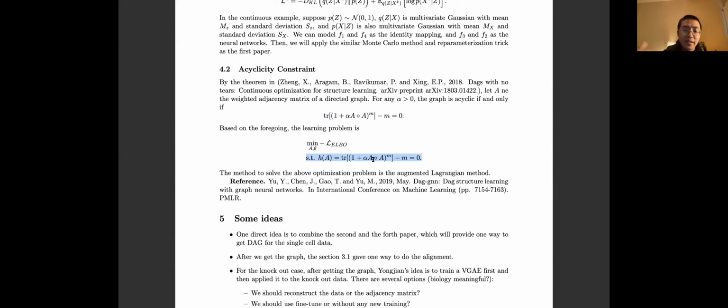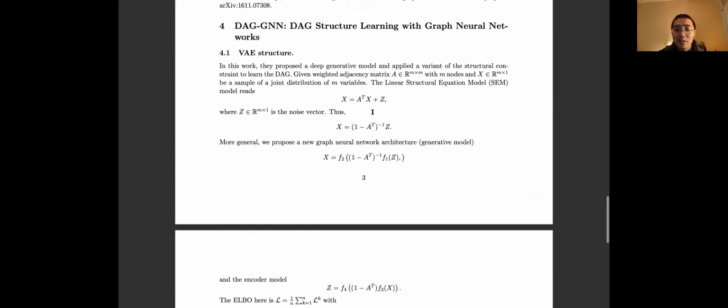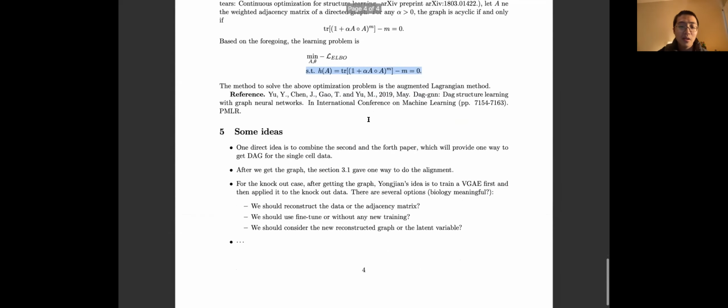This condition makes A a DAG. The method to solve this optimization problem is the augmented Lagrangian method, which I skip. So this is one method of using a VAE with the DAG constraint to learn a graph. Yeah, so this is the first paper.